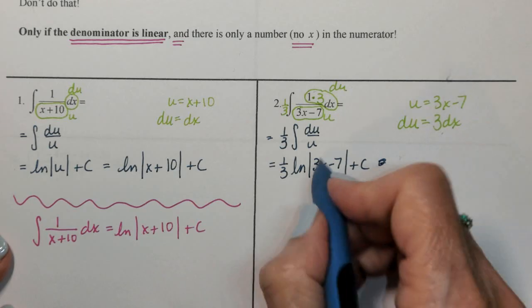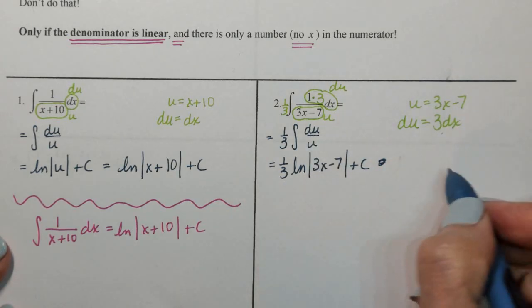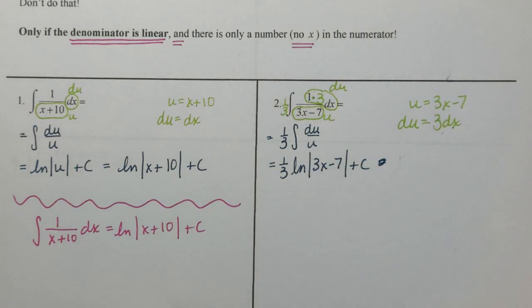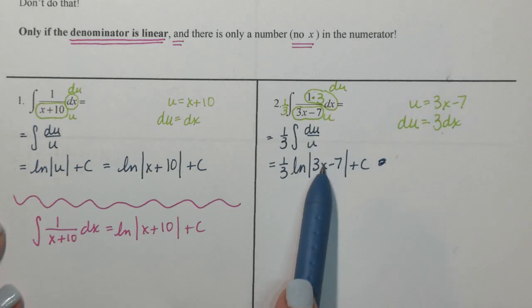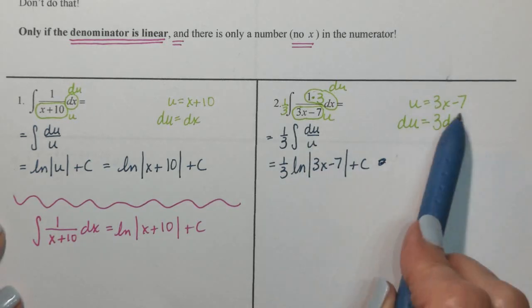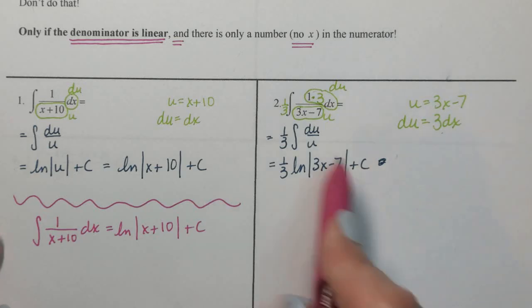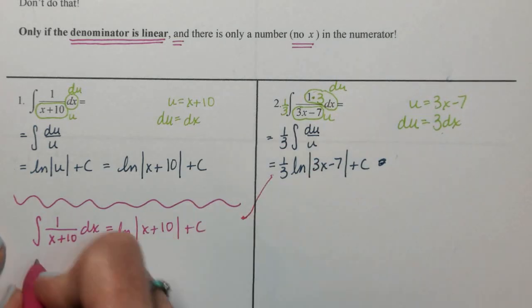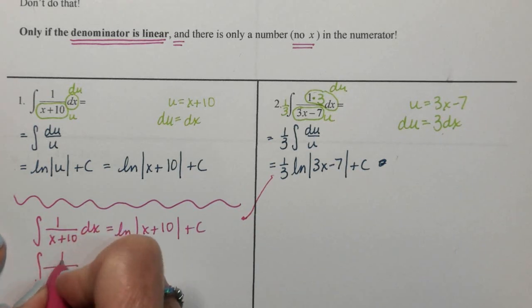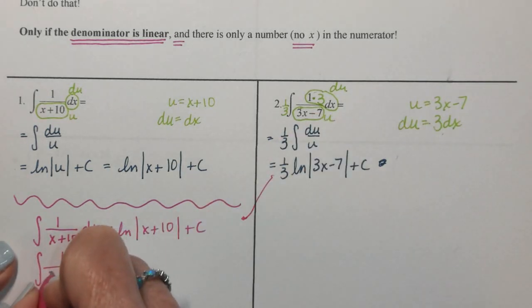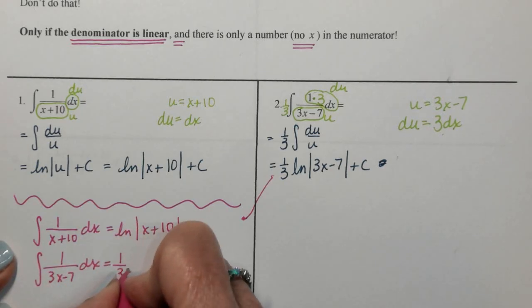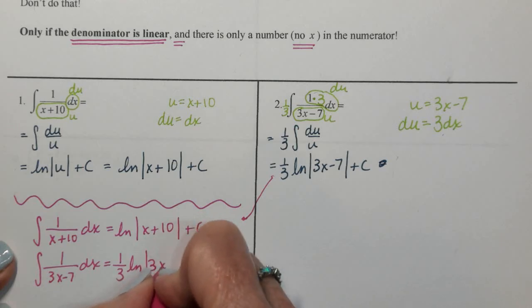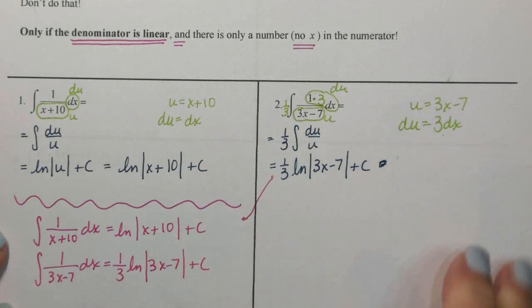Oops, I was going to put in u first and then put in my x's, but I jumped the gun and put in my x's right away, which I usually do, because it is ln of u. So we found out, I'm just going to rewrite this down here, the integral of 1 over 3x minus 7 dx is 1/3 ln absolute value 3x minus 7 plus c.